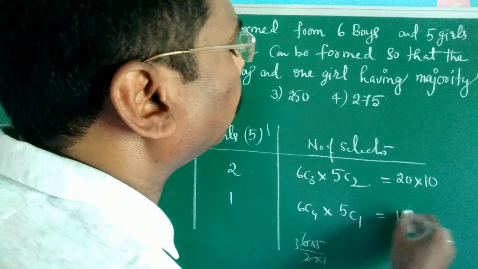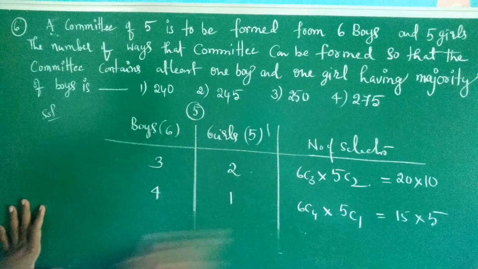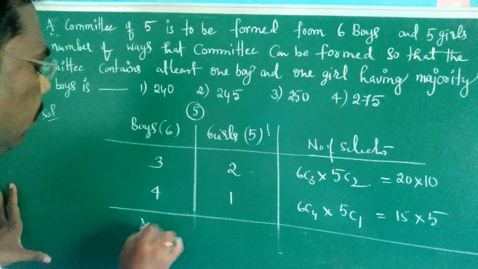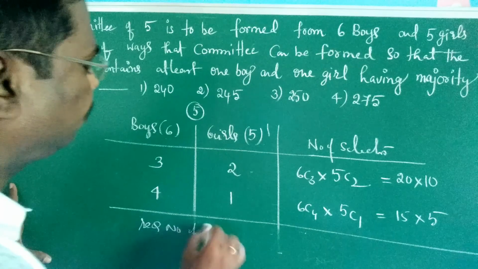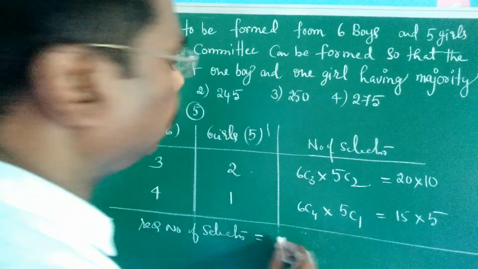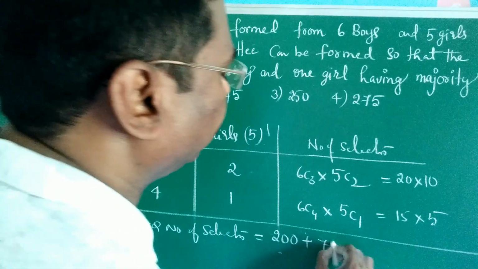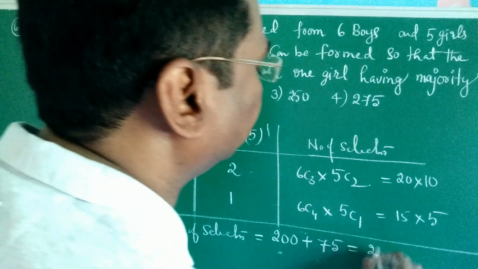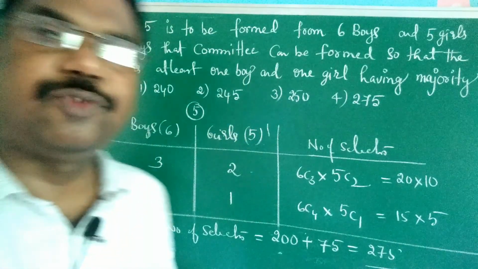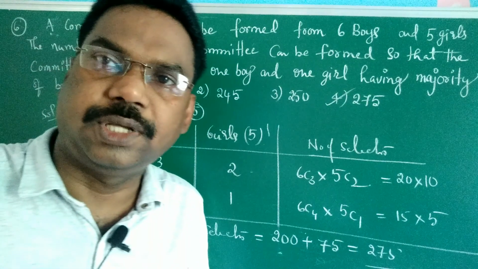Now 15 into 5. Therefore, required number of selections is equal to 200 plus 75 is equal to 275. Therefore, required number of selections is equal to 275. Option 4 is the correct one.